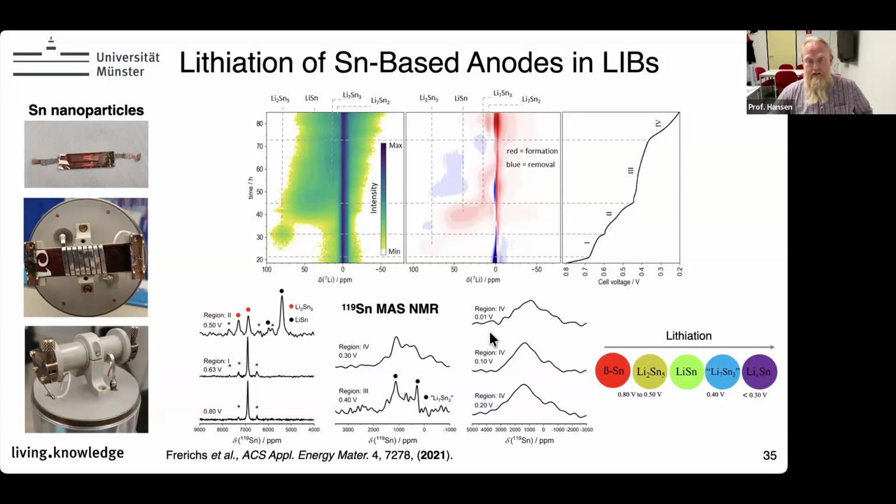So what this tells you is that the lithiation of these nanoparticles goes through this sequence of events: lithiation of tin goes via Li2Sn5 at a certain state of charge, then goes to LiSn. We have this characteristic, at least based on the shift, Li7Sn3, and then you get some disordered lithiated tin phases here, which we don't really know what they are.